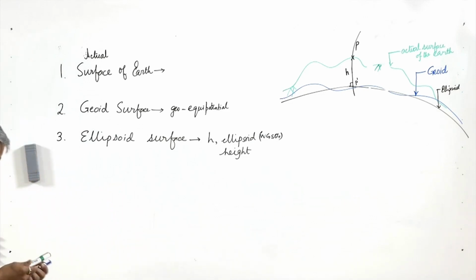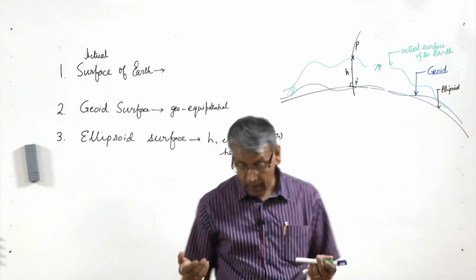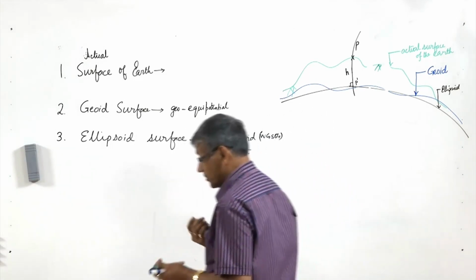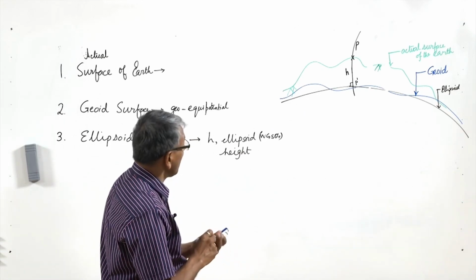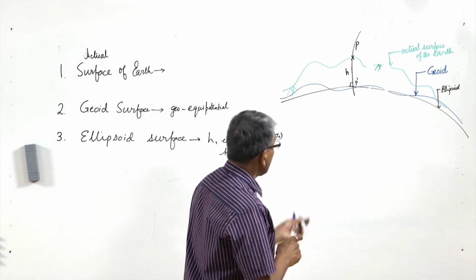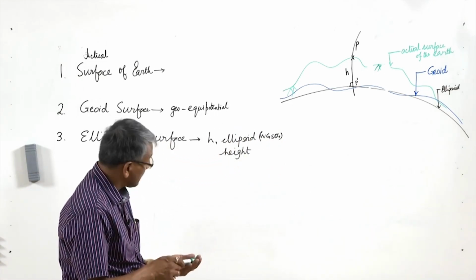Now since our activities are based on potential energy, the height above the equipotential surface, in this case the geoid, is more important for us.